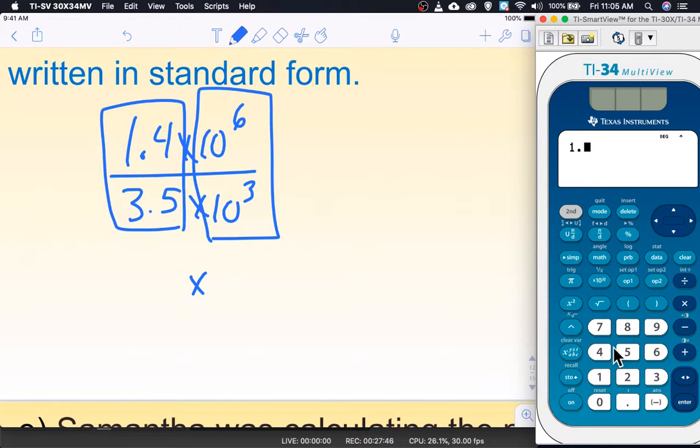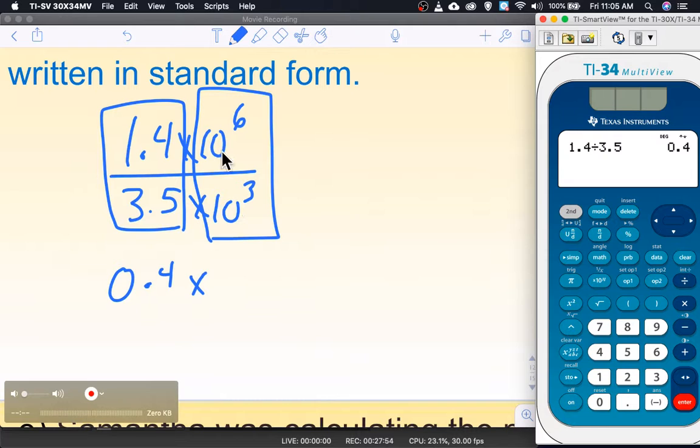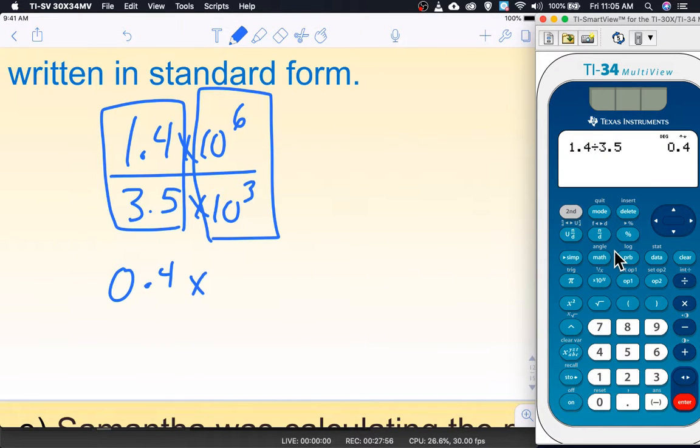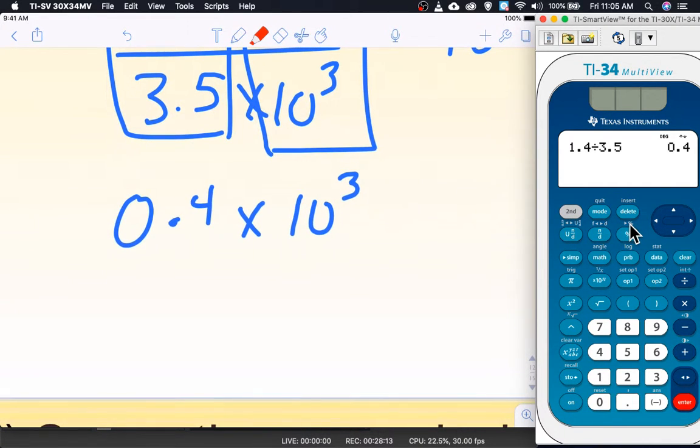So 1.4 divided by 3.5 is 0.4. My powers of 10. When you divide powers of 10, you do your canceling, or you do top minus bottom. And if we do top minus bottom, we're going to get 10 to the 3rd power. To make that into standard form, we want this to be 10 to the power of 0.